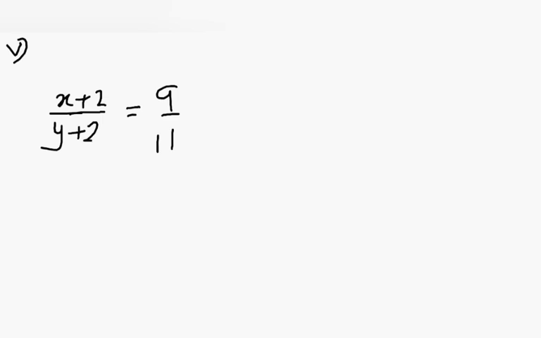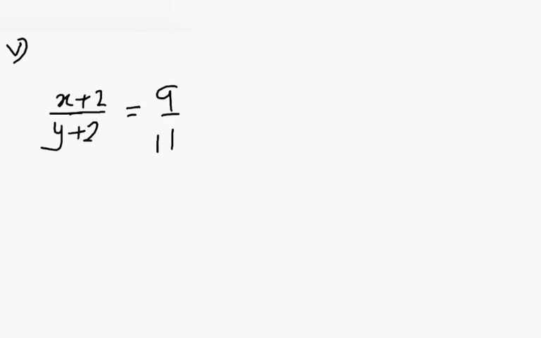Because if you add 2 here also, then you will have to add 4 here, because if you add 2 to both the numerator and denominator, then it becomes equal to 9 upon 11, and not if you add 2 here and 2 here, then it will become 9 upon 11. So just think about it for a second.